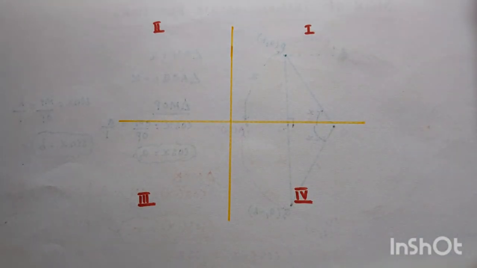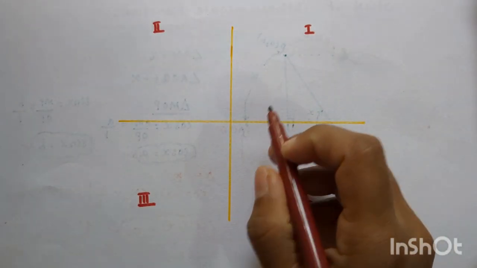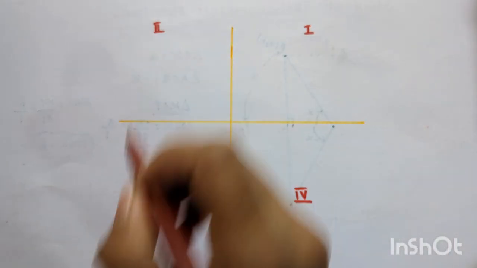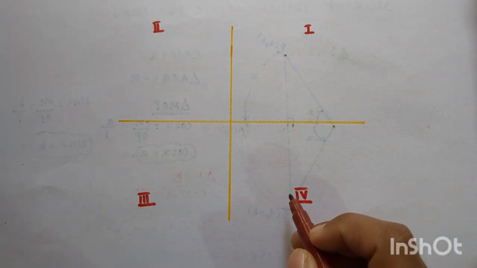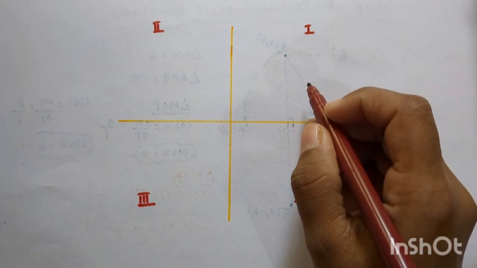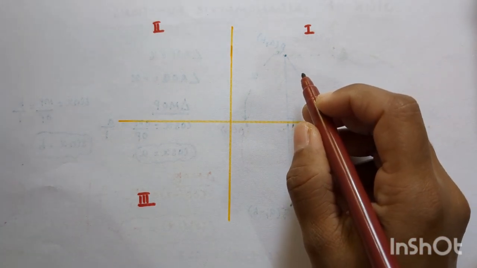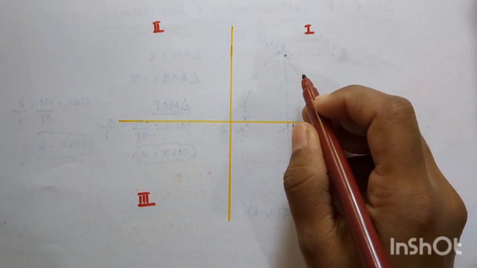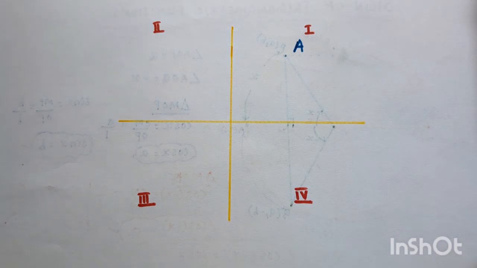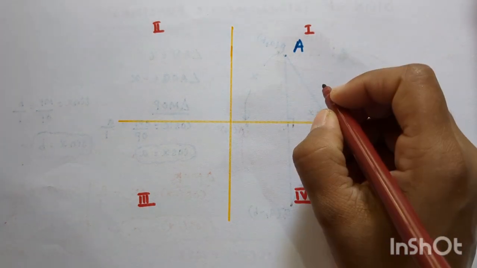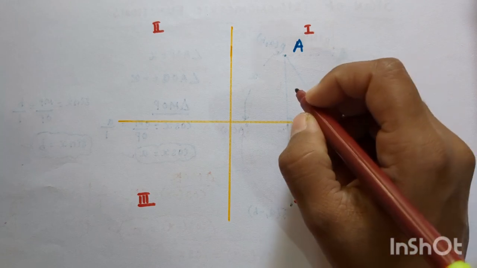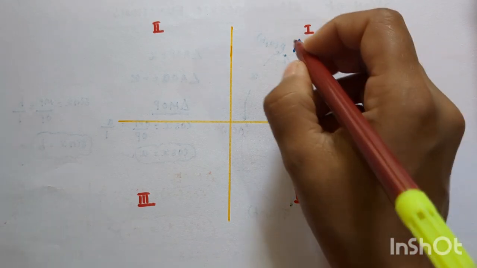Now, let us see the signs of the trigonometry functions in different quadrants. You see, this is the first quadrant, second quadrant, third quadrant, and the fourth quadrant. Here in the first quadrant, I am just writing it as A, all trigonometry functions, sin x, cos x, tan x, cosec x, sec x, cot x, are positive.